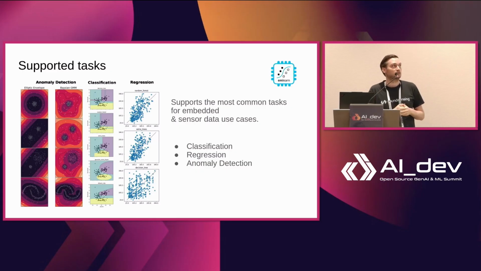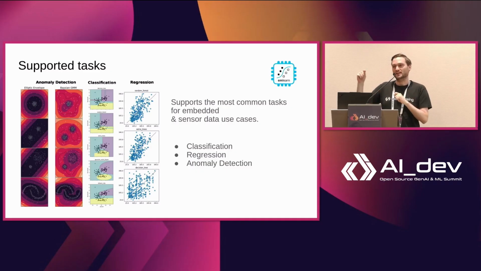So we support the typical tasks for these type of devices, which are anomaly detection, detecting something is odd or unusual compared to normal data, classification, which is giving a discrete class out, or regression tasks, which is sometimes also used to make a sensor that gives a simple reading out, but you might have used something advanced as the input, like radar data.